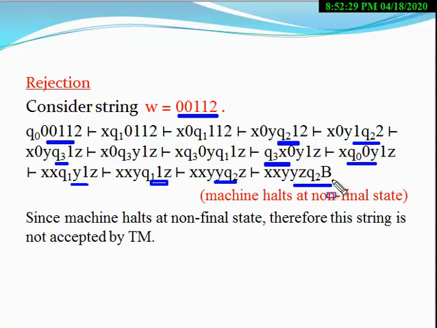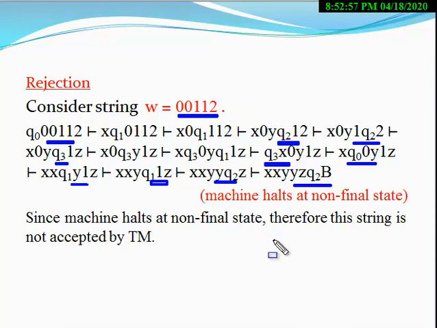There is no rule defined in the transition diagram corresponding to the state Q2 when tape symbol B appears. It means the machine halts at this state. Clearly this state is not a final state, since the final state is the Q5 state. Therefore this string is not accepted by the Turing machine, right?